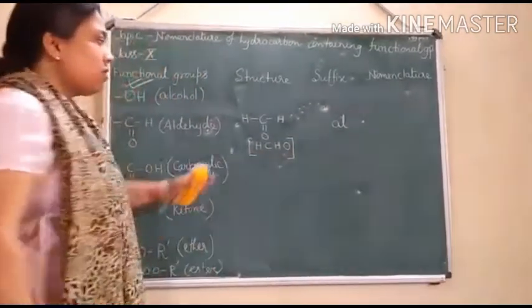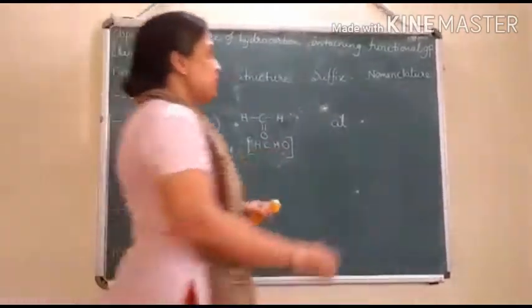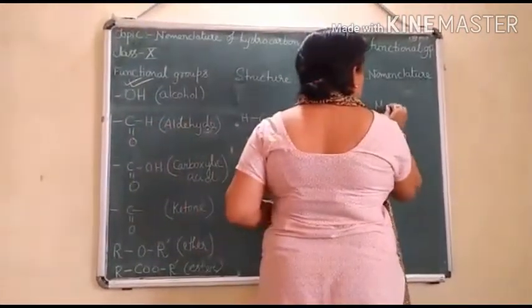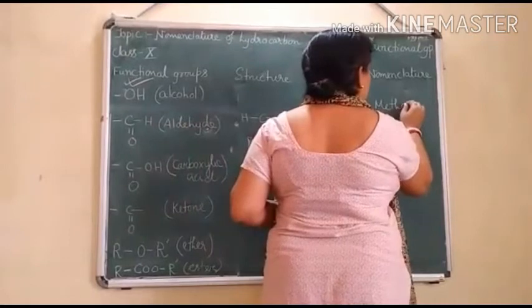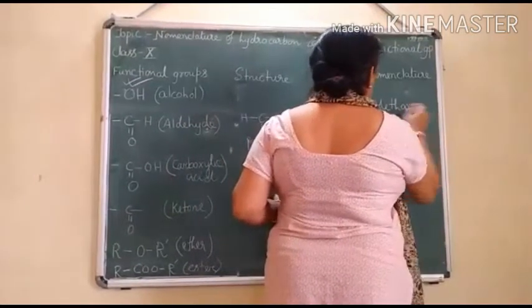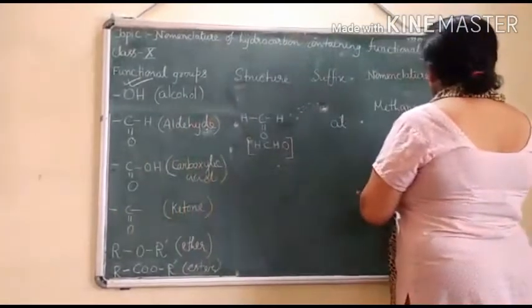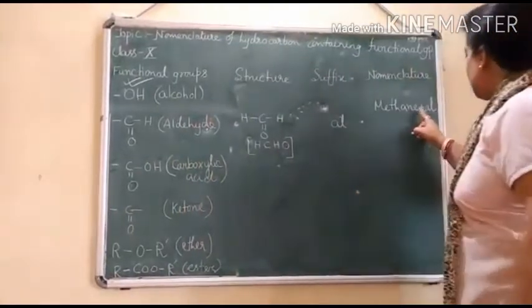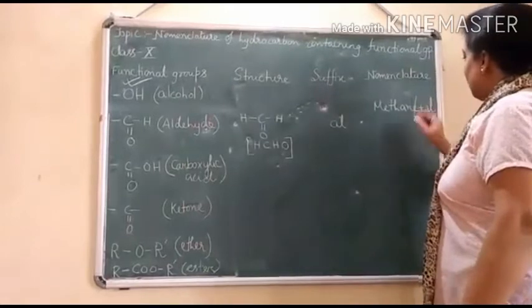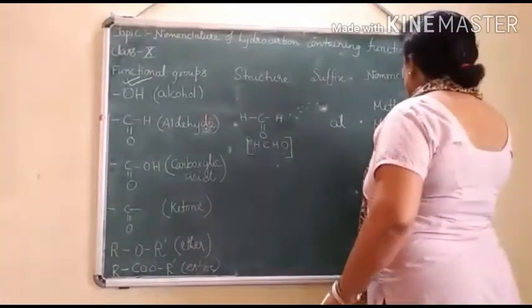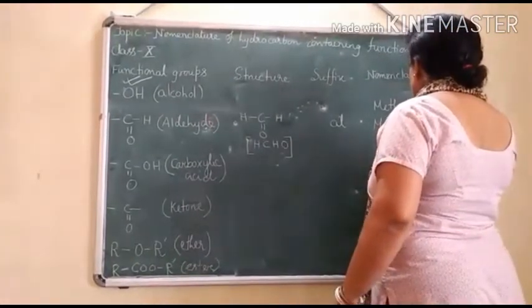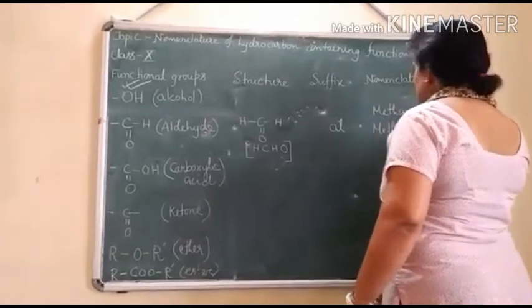HCHO. Along with the name, so 1 carbon, so the nomenclature will be meth, means methane, plus suffix is al. Same concept here: E and A are vowels, so E will be omitted. So the nomenclature will be methanal.